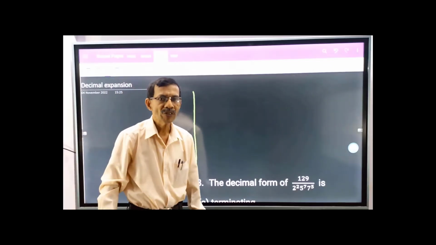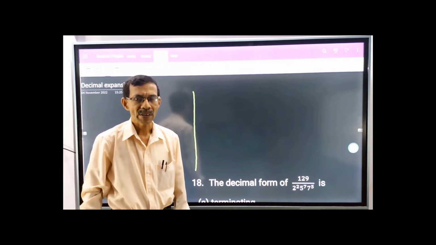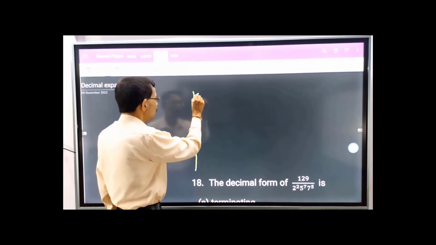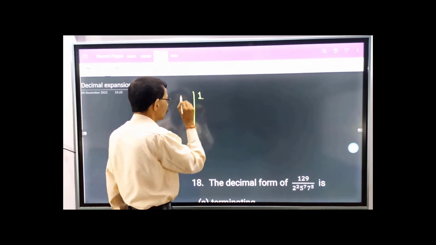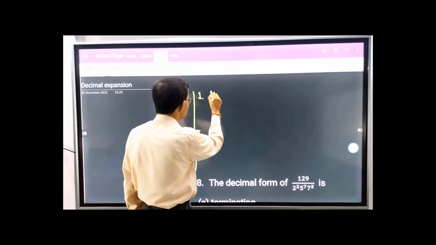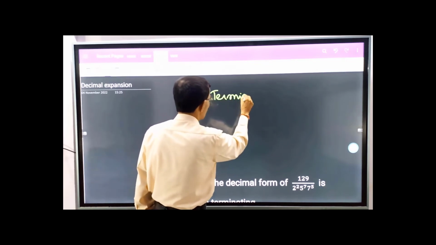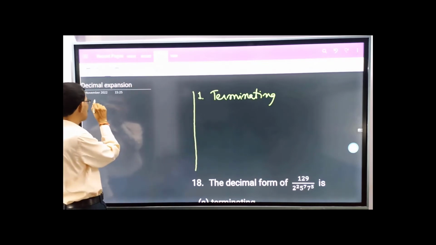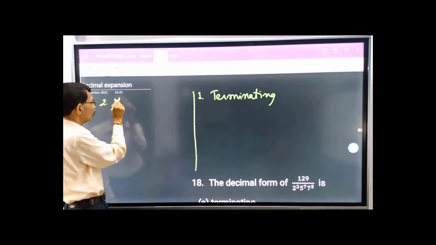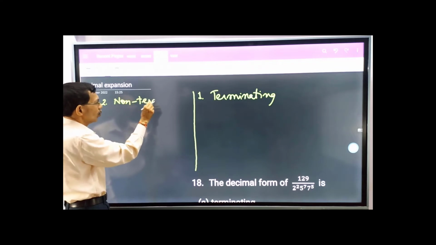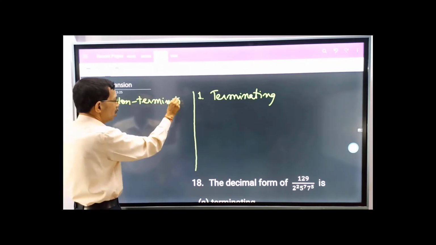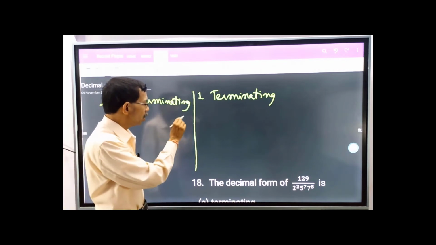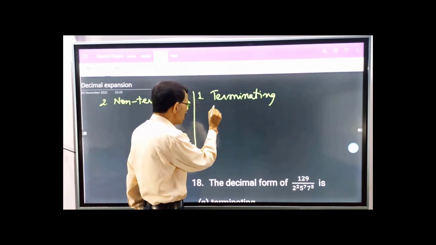In this section, we will solve some questions based on decimal expansion. And we have got two types. One is terminating decimals and the second one is non-terminating. In terminating type, we have got the number like this.